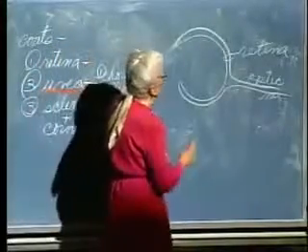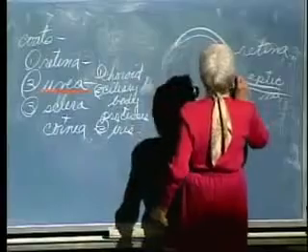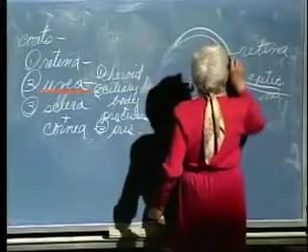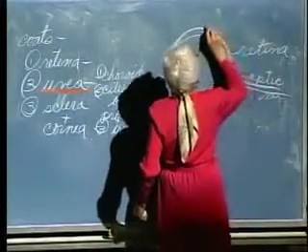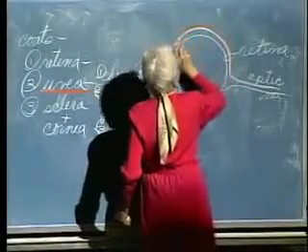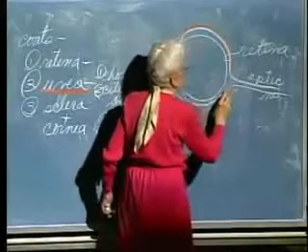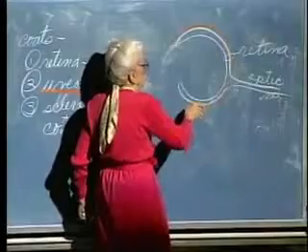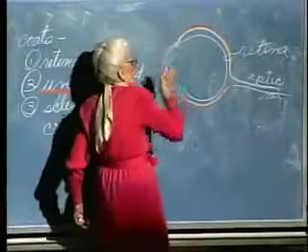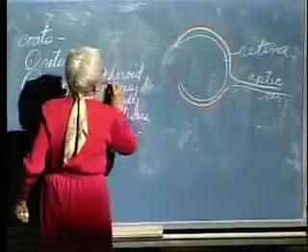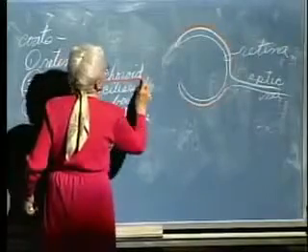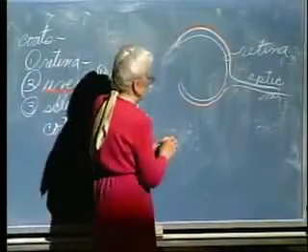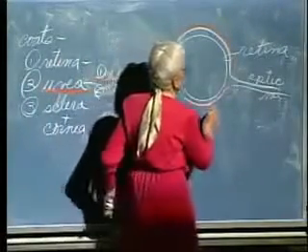So we're going to put in our choroid coming around outside our retina. So this will be choroid. And the choroid is primarily vascular.